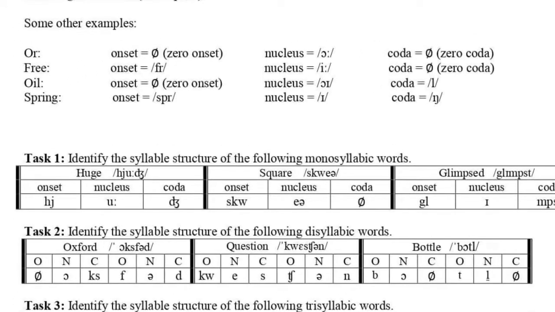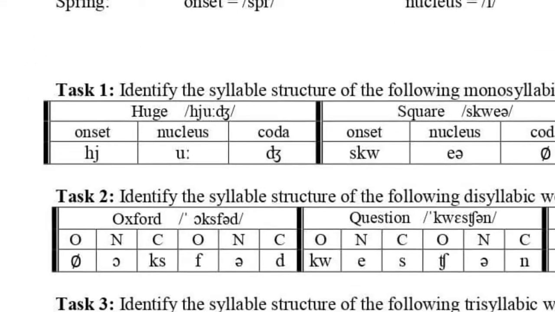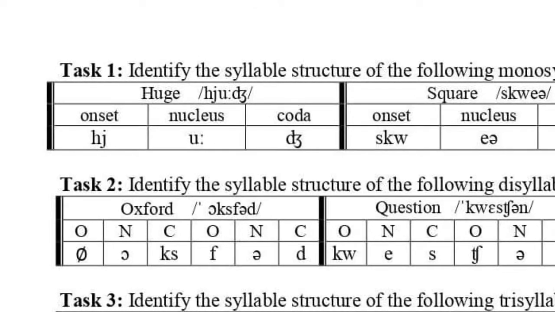Now, in the second exercise, you have to identify the syllable structure of disyllabic words, meaning words of 2 syllables. First we have the word Oxford. In this word, we have 2 syllables. The first syllable is composed of zero onset. The nucleus is O, and the coda is the consonants k and s.